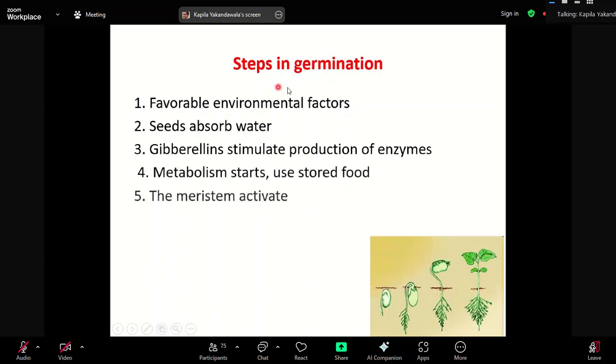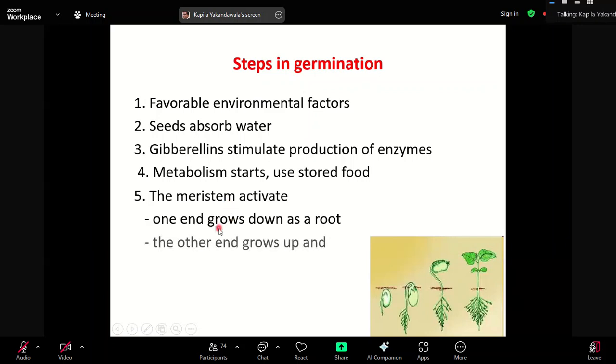So when favorable conditions are present, the seed will produce a radicle, then the radicle can absorb water, or the hilum can absorb water. Then once the water is absorbed, the seed will swell and it induces the formation of a hormone called gibberellin. With that, metabolism starts. So the stored food like starch can become simple, less complex food.